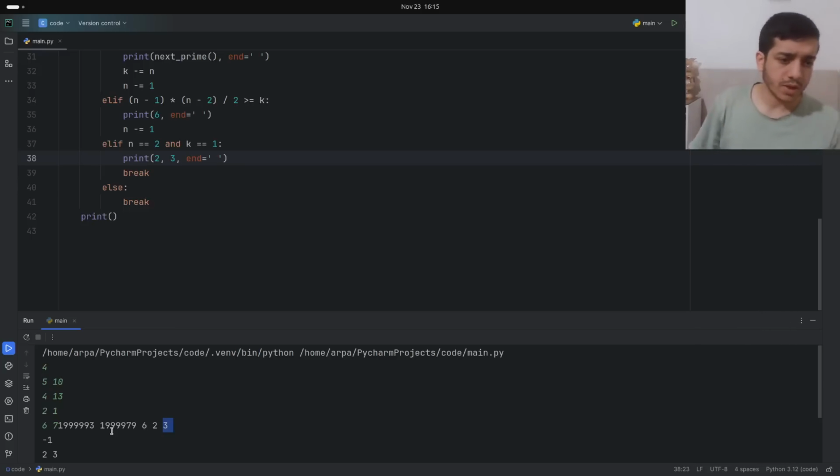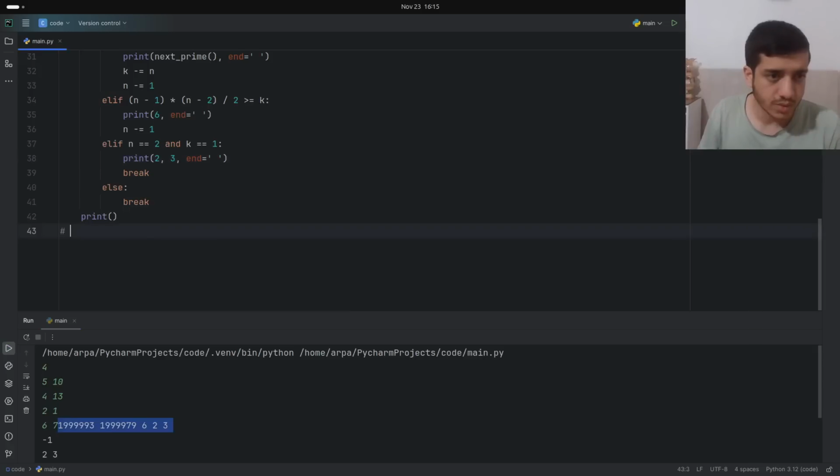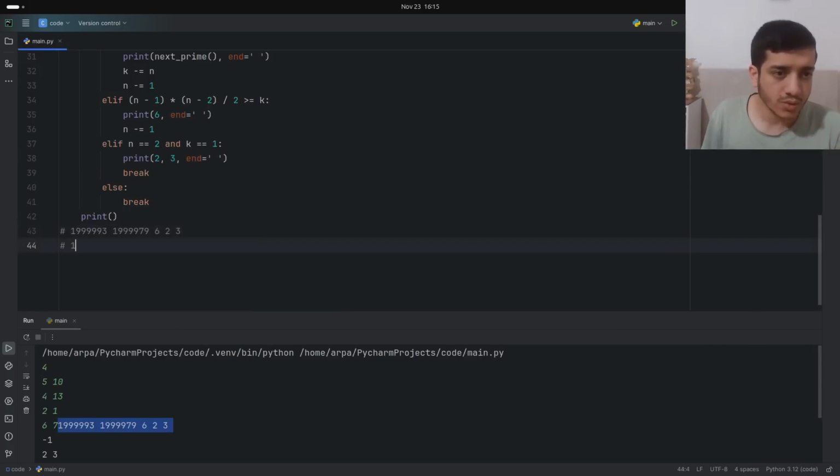Wait, what's happening here? So this is the case, right? This one adds nothing. This one adds 1. This one adds 2. This one adds 2. This one adds 3. What is the sum of these things? They are 8.